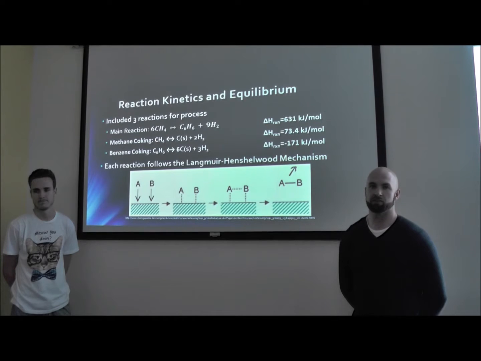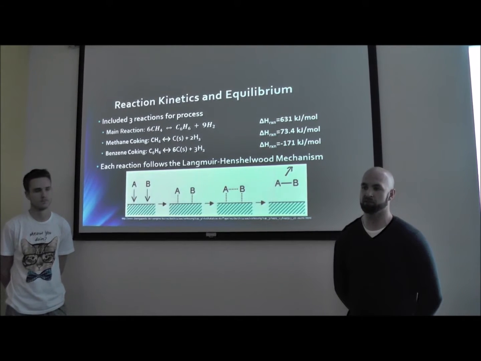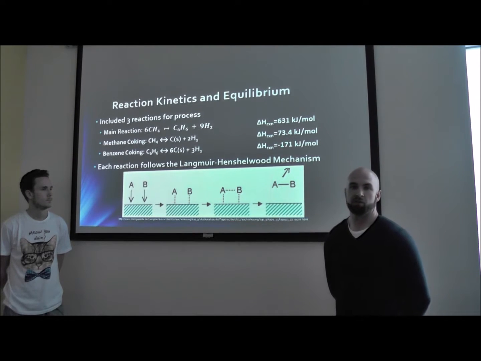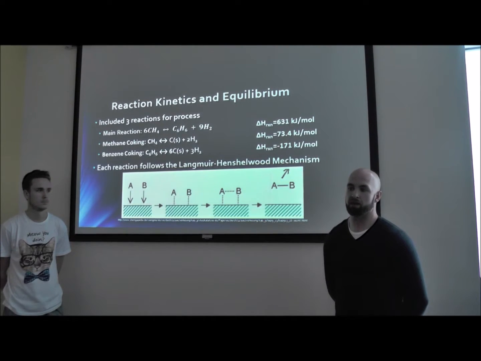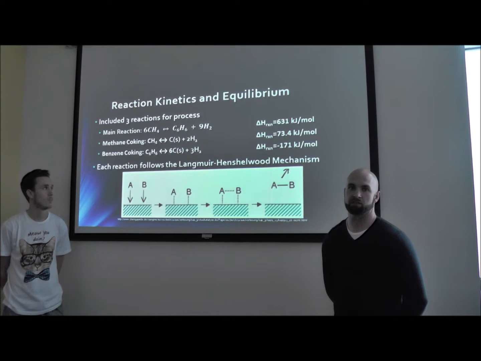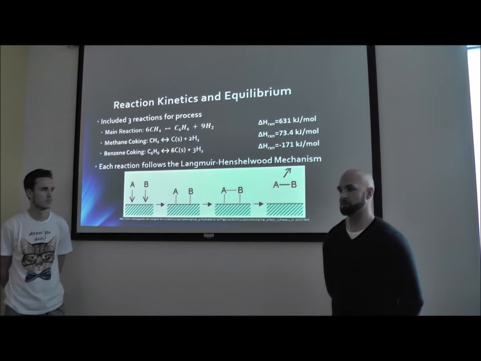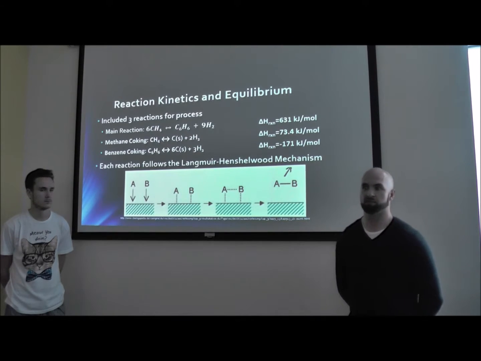Each of these reactions follows the Langmuir-Hinshelwood mechanism, and in this case, both A and B would be methane, and it would actually require 6 methanes attaching to the active site and then subsequently converting to benzene.